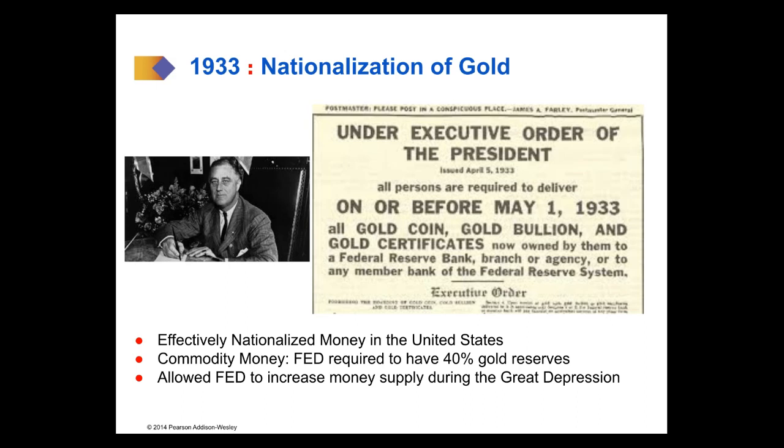This allowed the Fed to increase the money supply during the Great Depression, which was one of the things that the government was trying to do to help the economy get back on its feet and improve the economy. But this was a major milestone in the evolution of money, certainly in the United States, but also in the world. So in 1913, the banking system was nationalized. In 1933, the money was nationalized. So now money and banking are really the province of the government and the public sector.